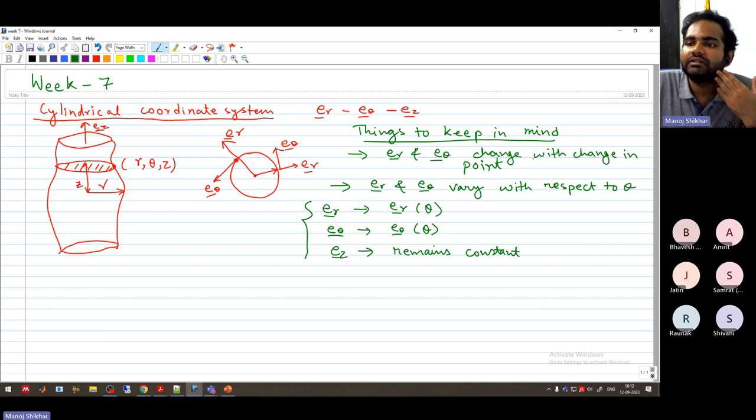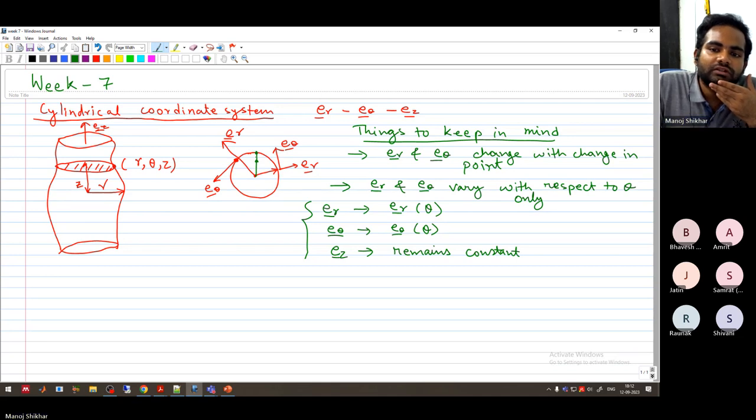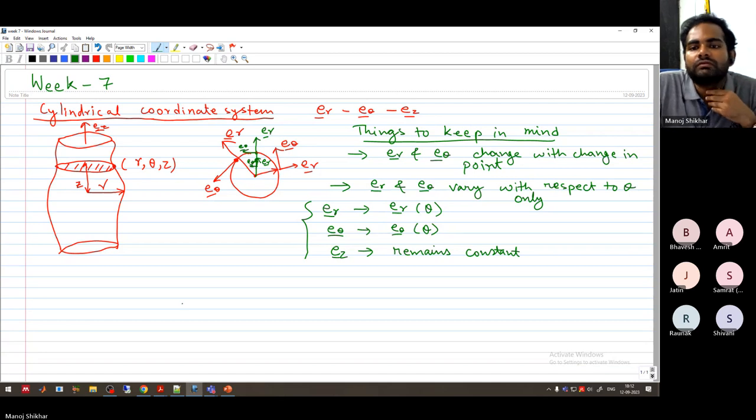That e_r and e_theta will change with change in point, and e_r and e_theta vary with respect to theta only. It means that if I move in the radial direction here, suppose I choose this point or this point, our e_r and e_theta will be the same, because this will be e_r and this will be e_theta.